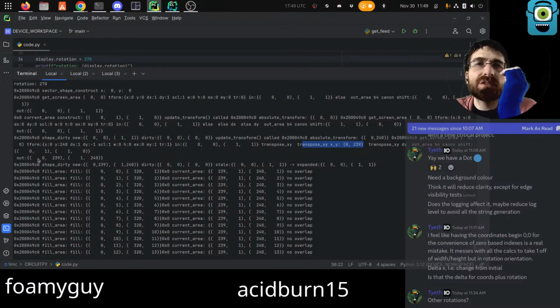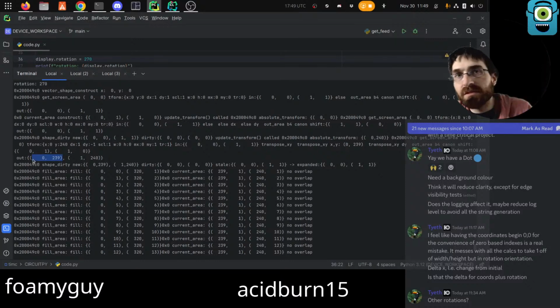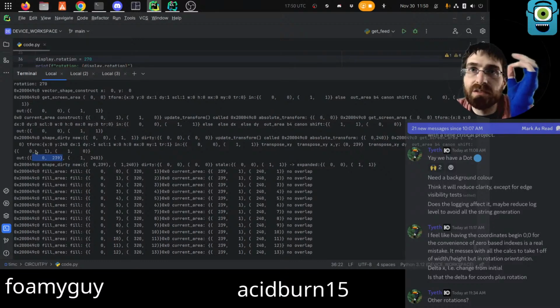I mean, this looks correct to me, though. 0, 239, then 1, 240. So that means basically the pixel 0, 239, which, in the 0 orientation, is the pixel that we want on.